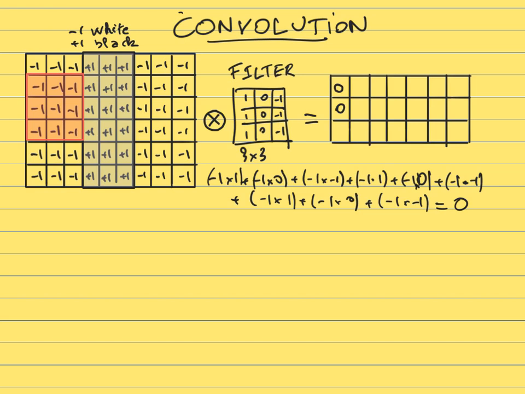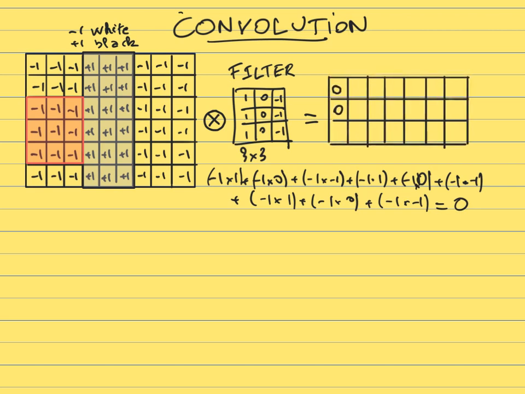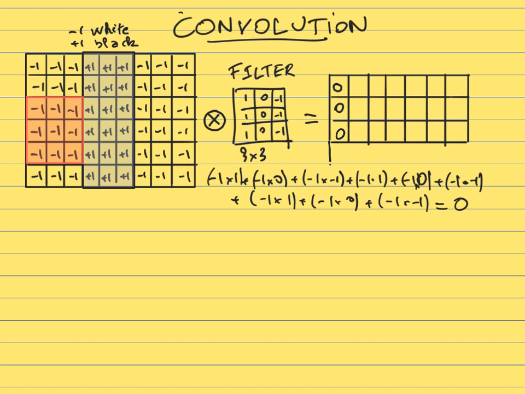Then you will do that one more time, and so if you move the filter here, you will also get 0. So you will have 0 here. Here I'm missing one line in my grid here.